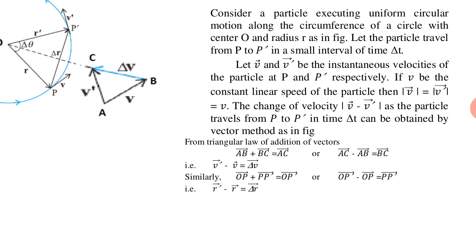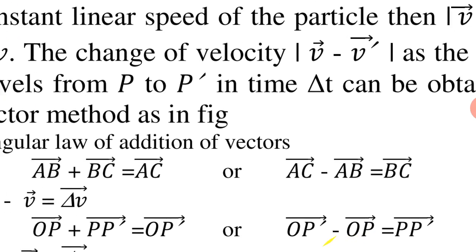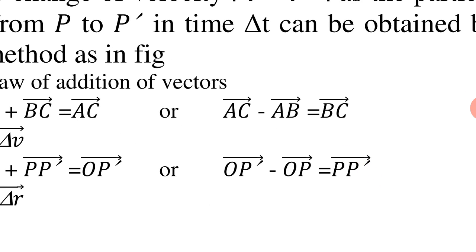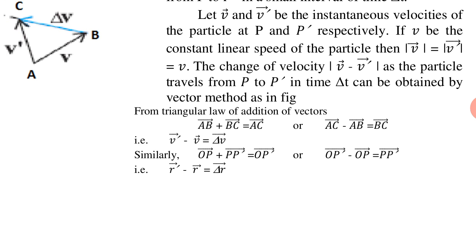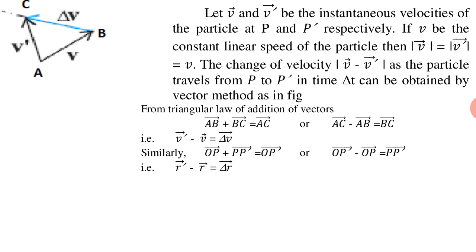See, vector AC minus vector AB equal to vector BC. Now vector AC is V dash and vector AB is V, and their difference is delta V, that is vector BC as delta V.